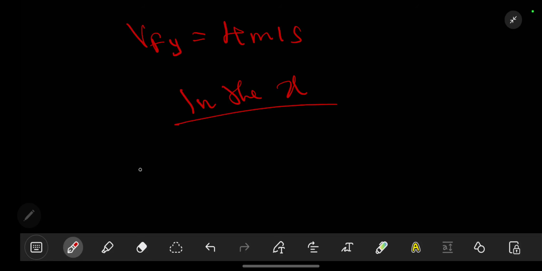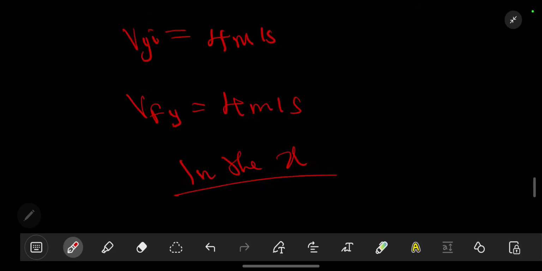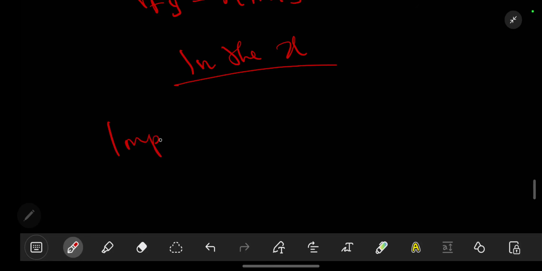So we are going to have the impulse in the x equal to the summation of the final momentum minus the summation of the initial momentum.